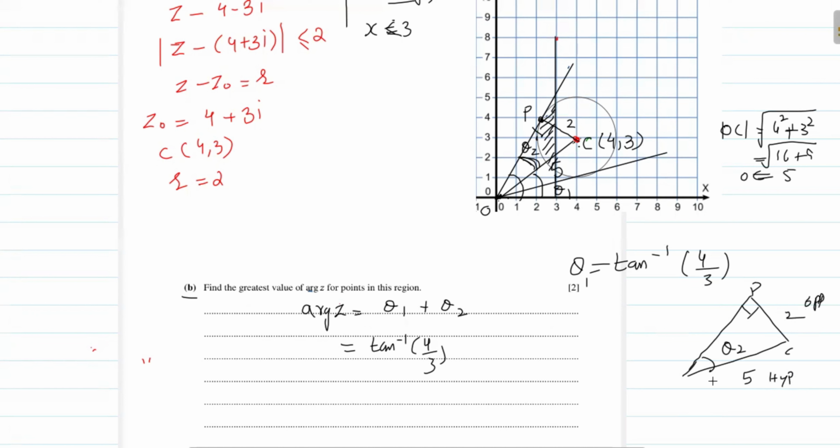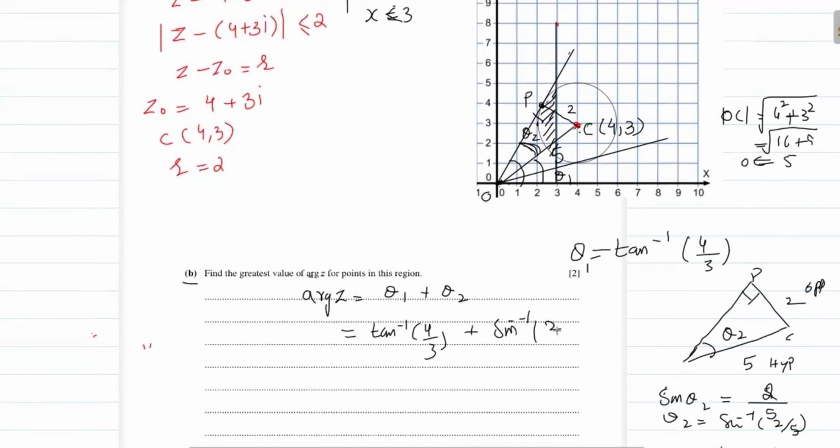Therefore, sine theta 2 will be equal to opposite 2 over hypotenuse 5, 2/5. Therefore, theta 2 will be equal to sine inverse 2/5. We write here sine inverse 2/5, and this is the argument of z.